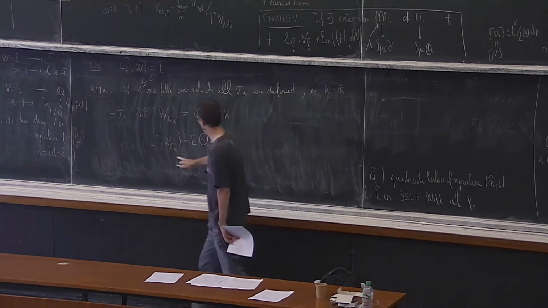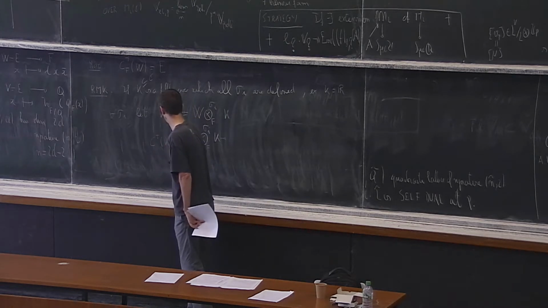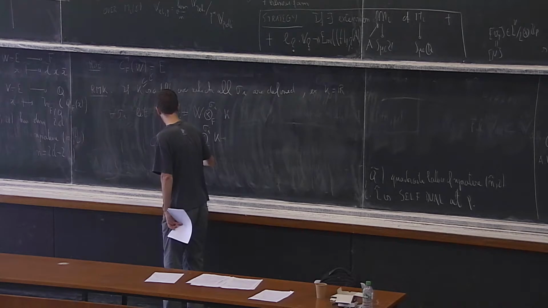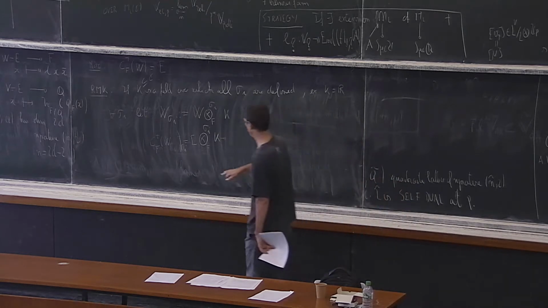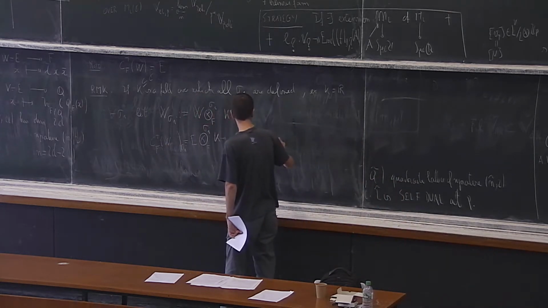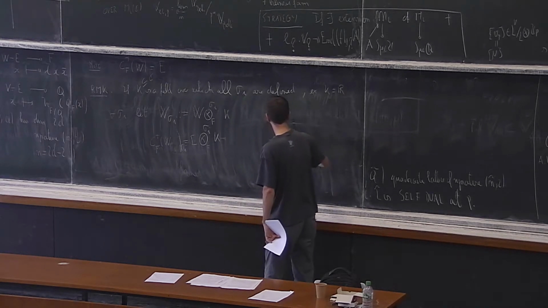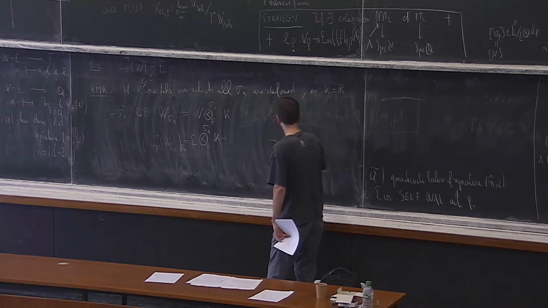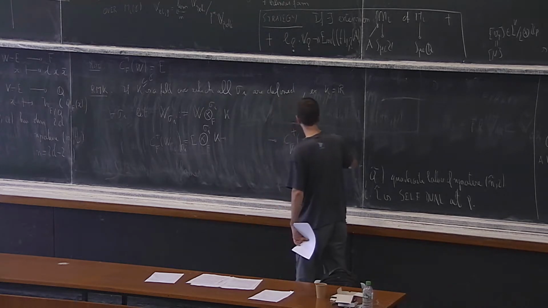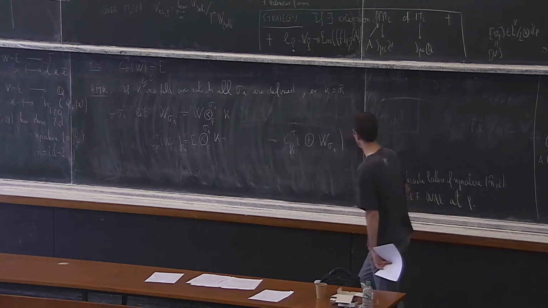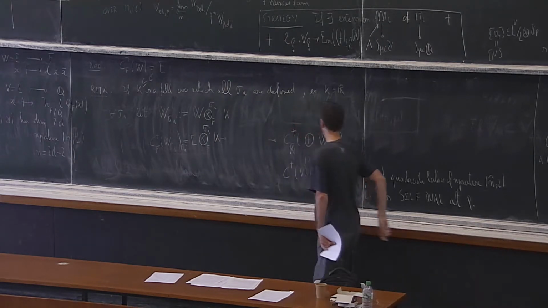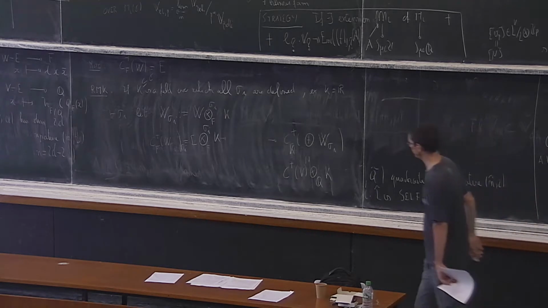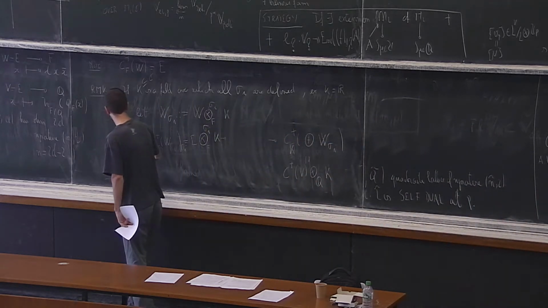But now I can embed this Clifford algebra, I can view this as mapping to the Clifford algebra over K of all my V sigma I, which is C plus of V tensor Q over K. And here I can take simply the product.